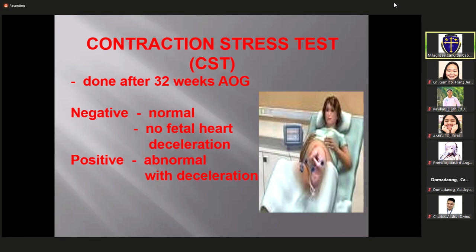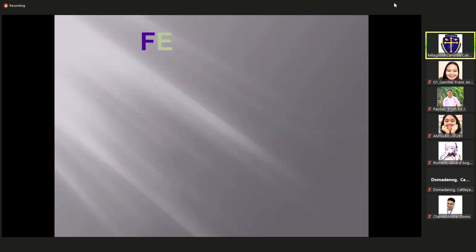And that would be your letdown reflex. Di ba? Through suckling of the baby. So, kaya nga, meron tayong oxytocin sa katawan. Okay? And kaya nga, meron tayong two ways. It is through medication and, of course, natural means, which is your nipple stimulation. Okay? Clear na tayo dyan? So, we will proceed to fetoscopy.